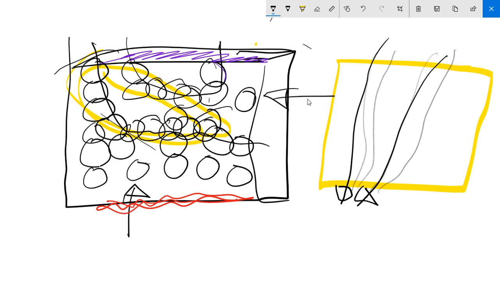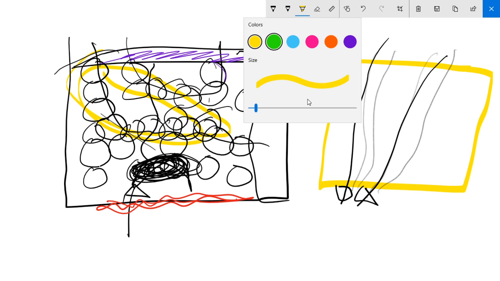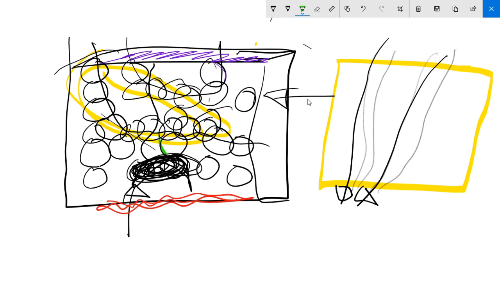Now this petroleum could migrate, and it can actually come to the earth. So if it comes to the earth, then what will happen? Then in that case, we will not be able to find the petroleum at all.